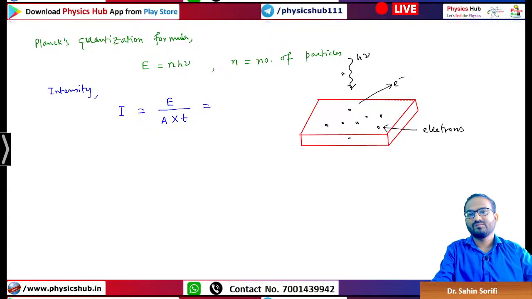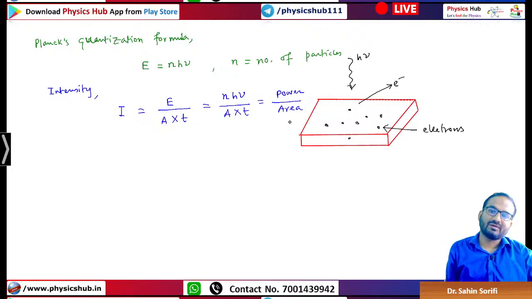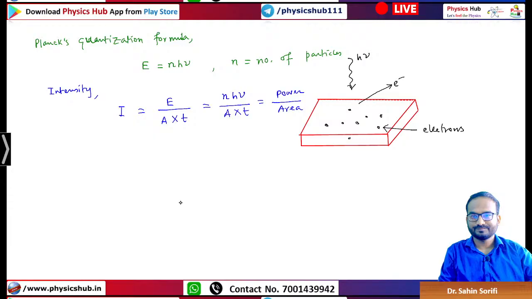If there are n number of photons or particles, we will have n h nu divided by A times T. Here n h nu is the energy and T is the time. So intensity is nothing but power per unit area.